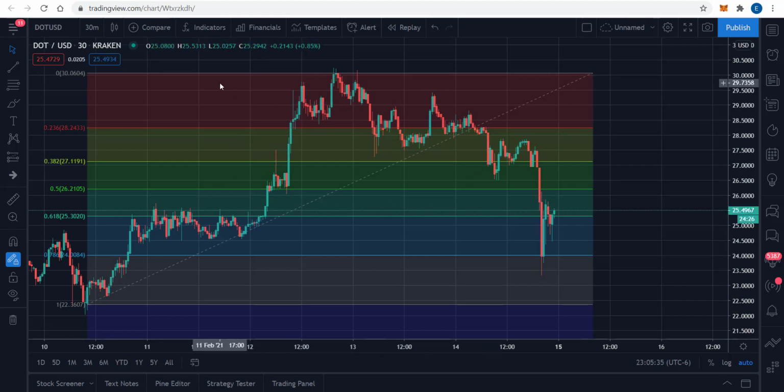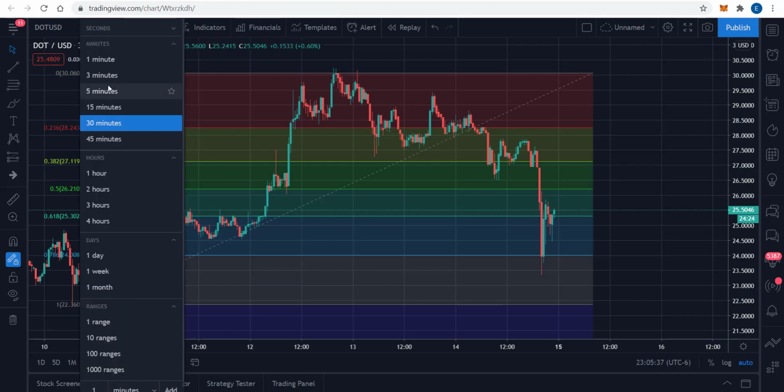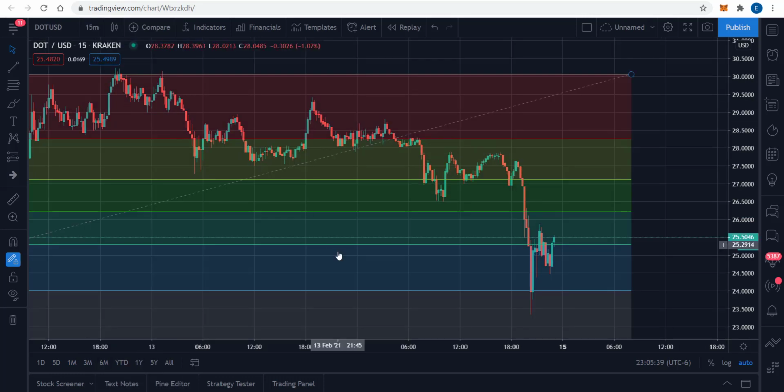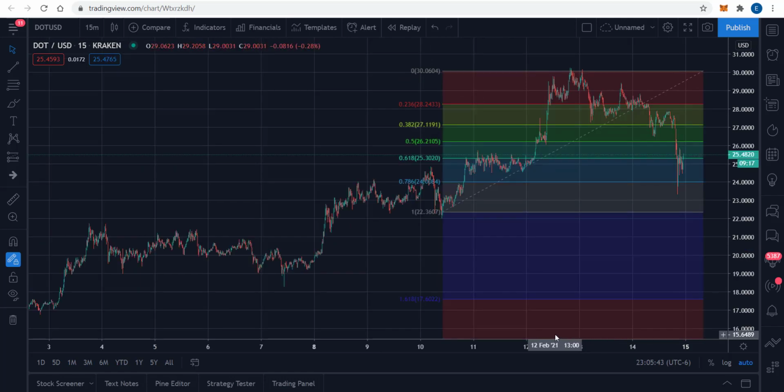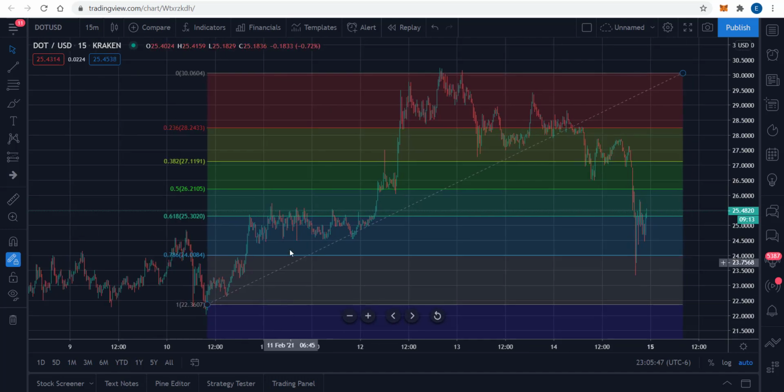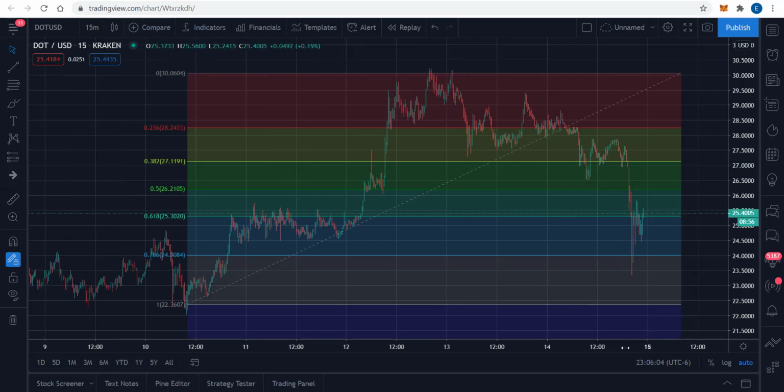Pretty much seeing the same things in all of this, and that's the fact that the 61.8% level acted as a bit of resistance, and then we saw the 50% be support over here. Right now I'm thinking the 61.8 might actually be support, but we've gone through it a few times, even though we happen to be above it right now.